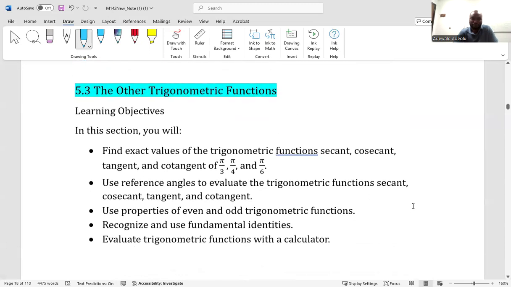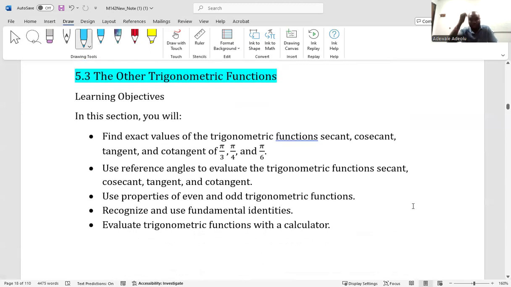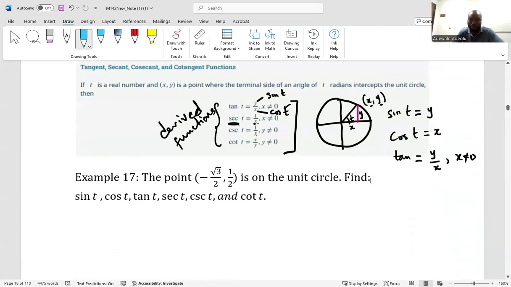All right. So we can talk about other trigonometric functions. Primarily we have sine of angle t, for example, and cosine of angle, let's say t. We can derive other trigonometric functions from these two. So that is what we want to look into right now.